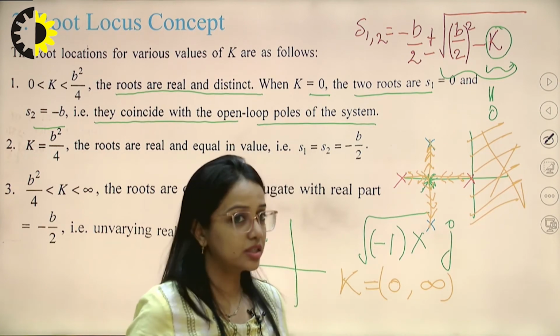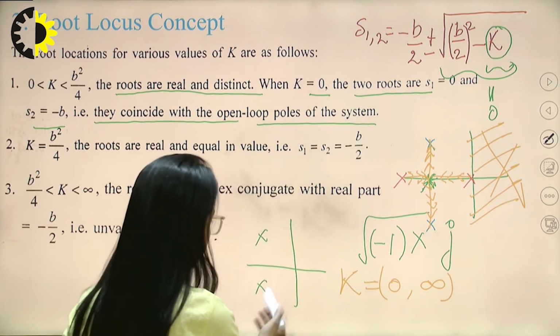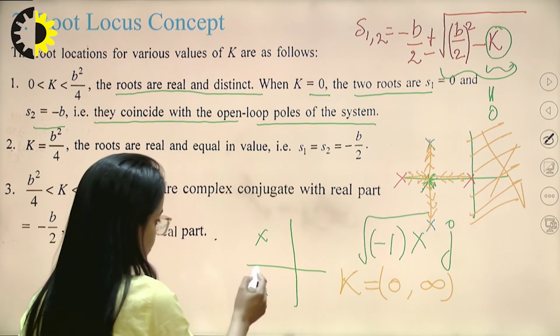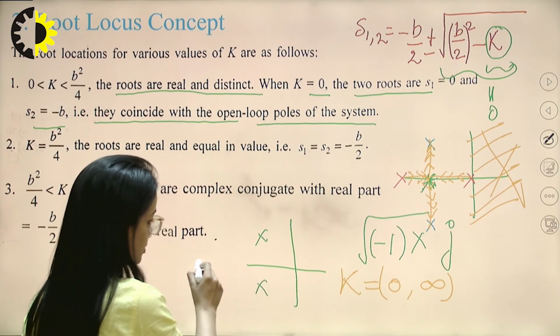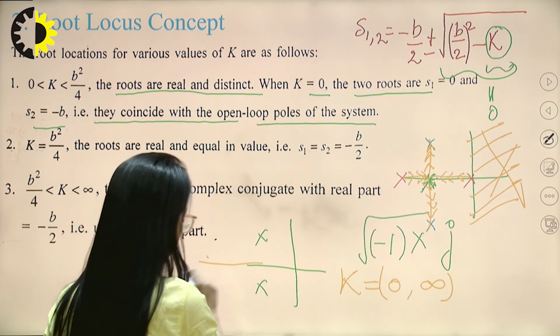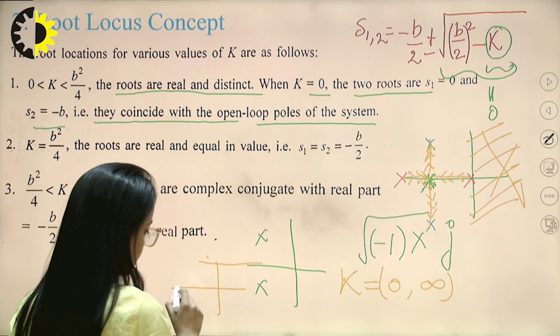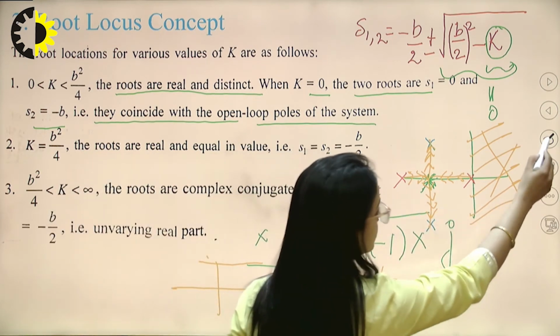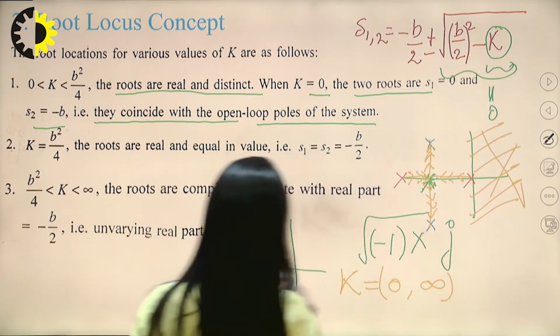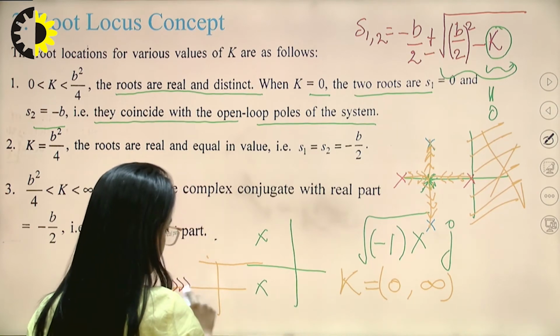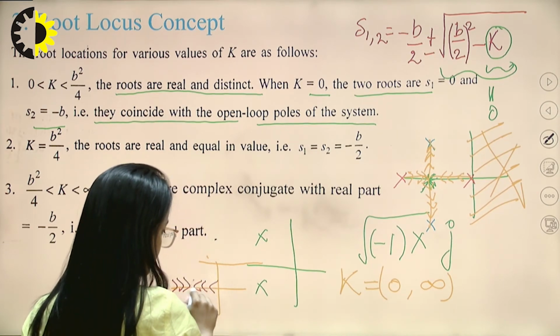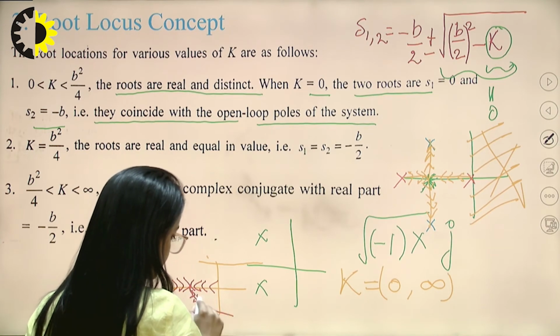Let us imagine any case where what is happening. Let's say the root locus is moving in this direction. Let me take another ink. Where the root locus is starting, and it is going like this.